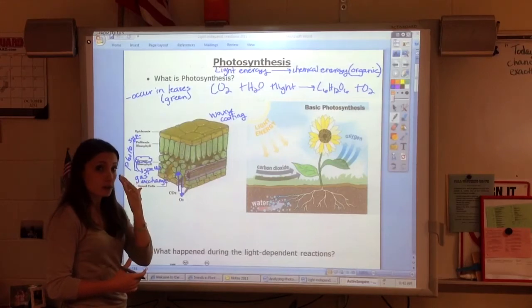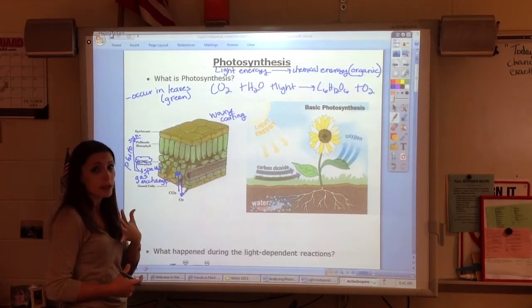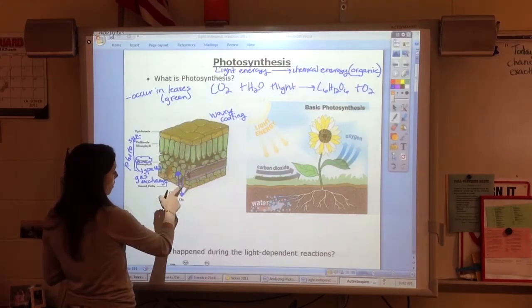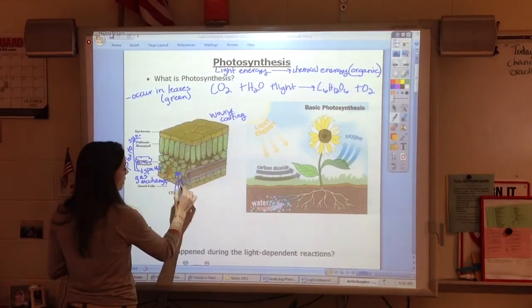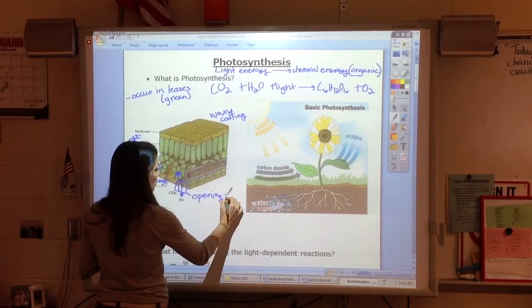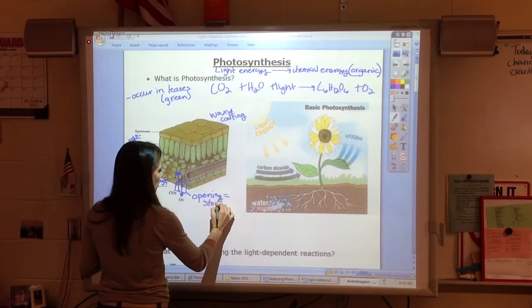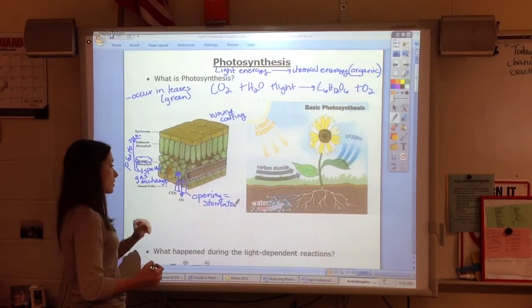They don't have a nose or a mouth. They don't have those tubes like we do, but they do actually have small openings here at the bottom. And so this opening is called a stomata. And that's what the opening or the pore is called.